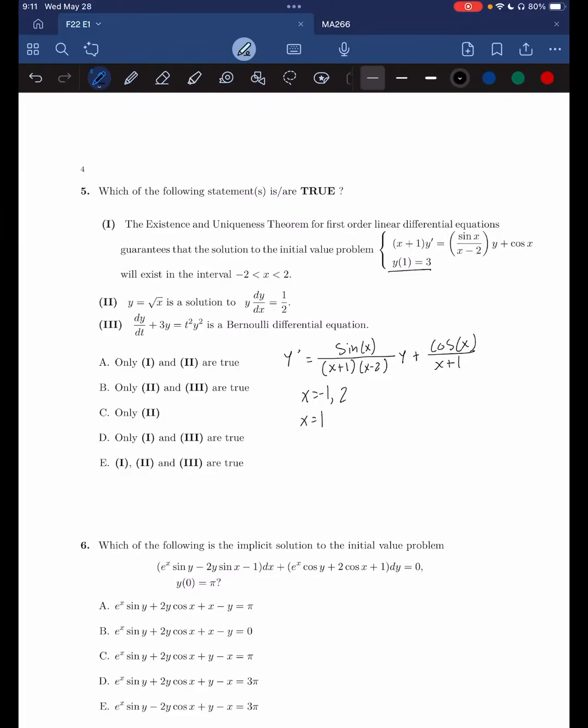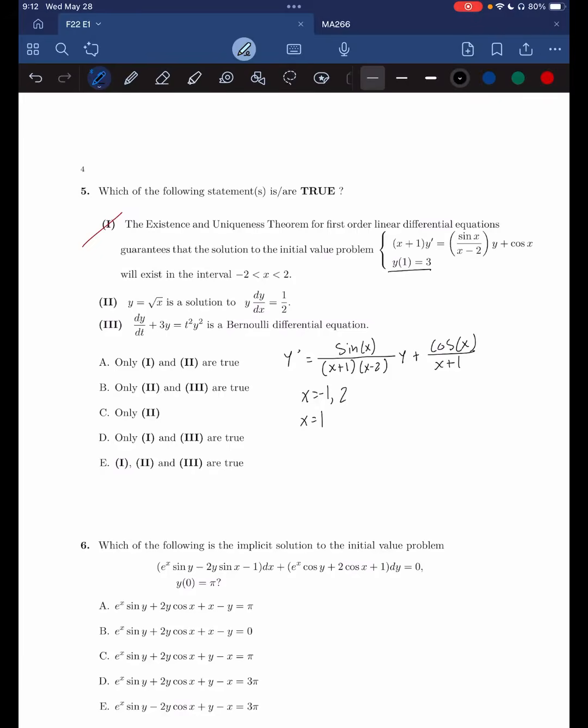The interval cannot include any discontinuities, but it also has to include the initial condition. But -1 falls in between this interval. So our solution cannot exist in this interval because there would be a discontinuity at -1 for our differential equation, that is. So 1 can simply not be true.